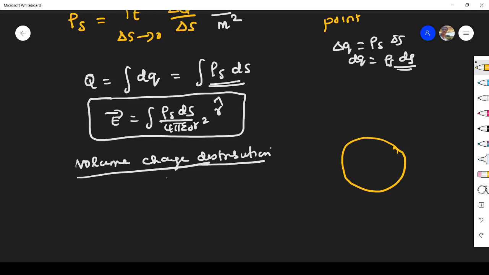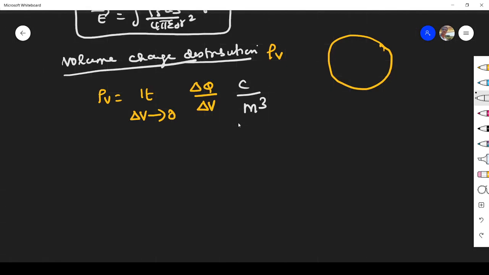Volume charge distribution is modeled there. So as usual, rho v is equal to, here we give rho v, v for volume, rho for density, right? So limit, here volume tends to 0. Again volume tends to 0, it will become a point. If you make any sphere very small, it will become a point. Del v tends to 0, that is given by del q by del v. What is the unit we can get for this? Charge per volume, that is coulomb per meter cube.